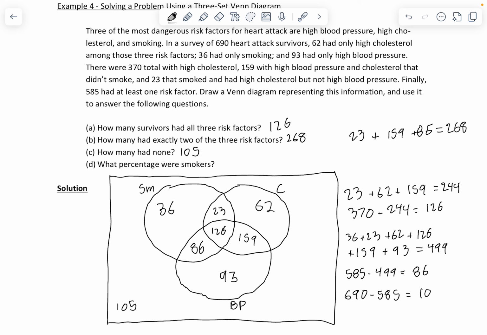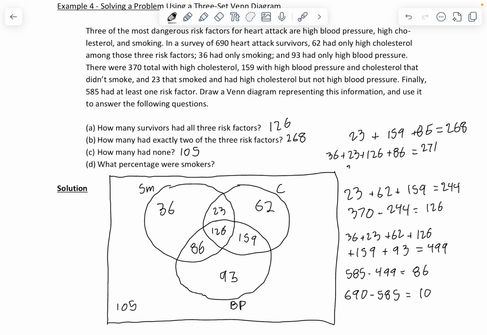What percentage were smokers? For that, we have to figure out the total number of smokers and then express that as a percentage. So I add up all the numbers inside the smoking circle: 36 plus 23 plus 126 plus 86. That works out to be 271.